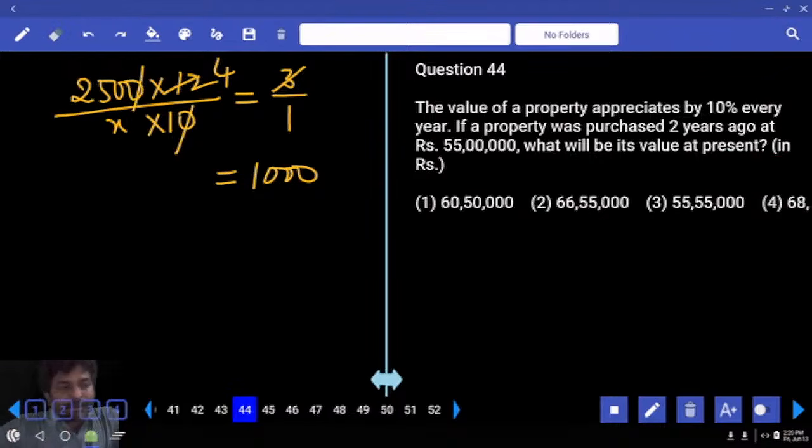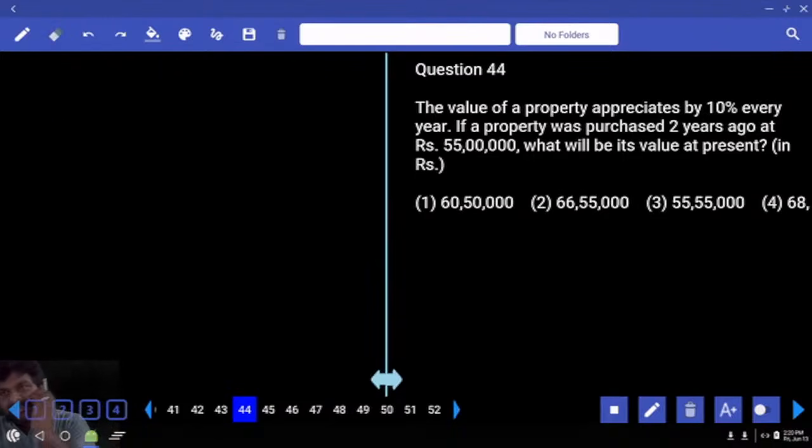The value of a property appreciates by 10% every year. If the respective property was purchased 2 years ago at 55 lakh, what will be its value at present? Is it compound interest concept? Every year increment should be calculated on increased number, correct? So is it a compound interest concept? Interest rate 10%.